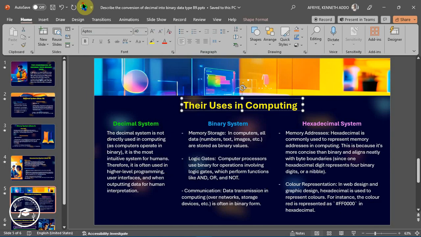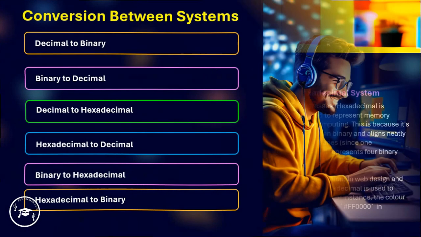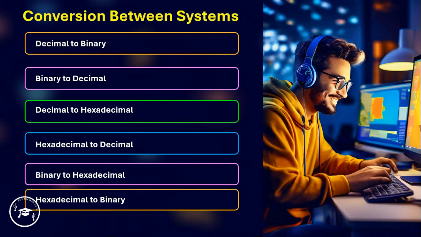Great. Then we look at how to convert the various systems. This is where the lesson gets interesting. We are going to convert decimal into binary. We'll also convert binary to decimal. Then we'll convert decimal to hexadecimal, then hexadecimal back to decimal.